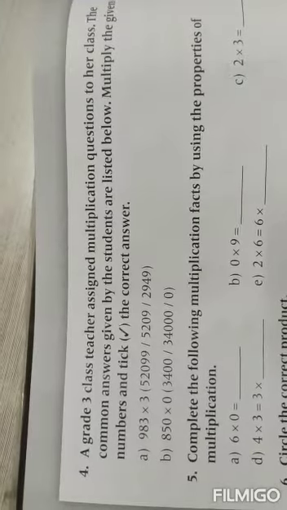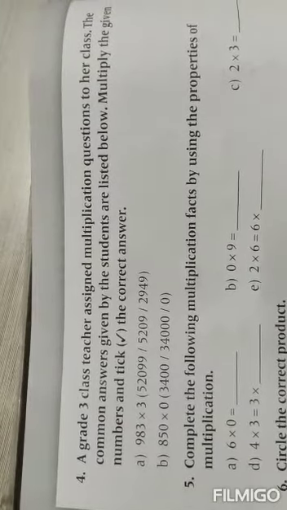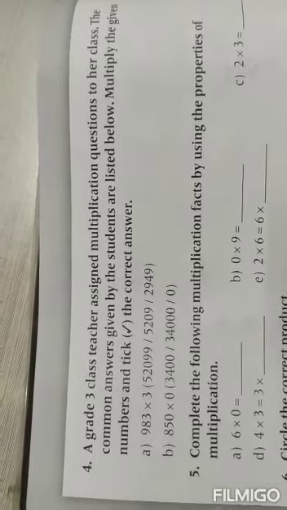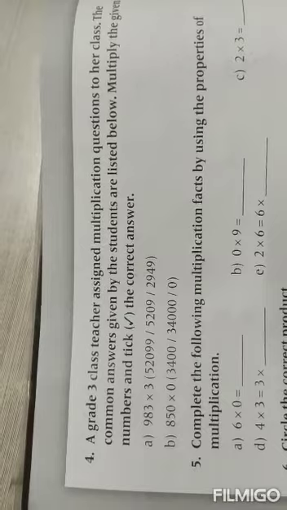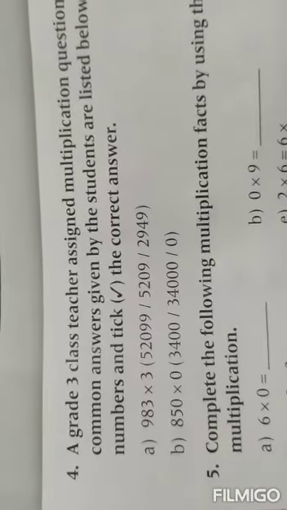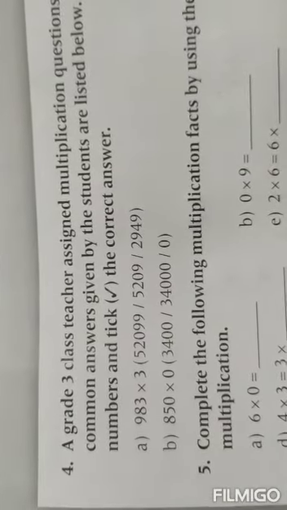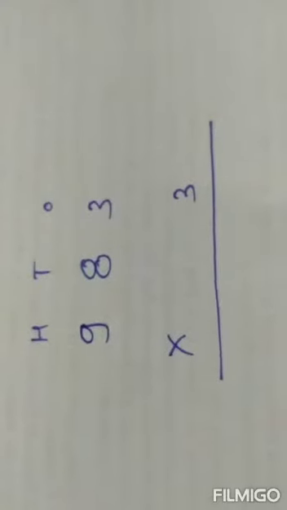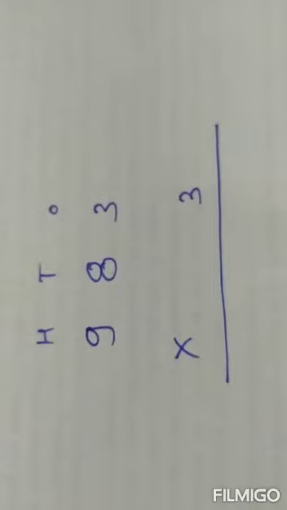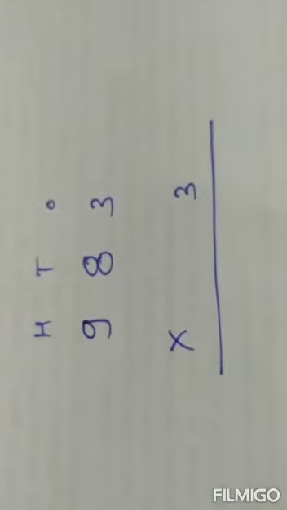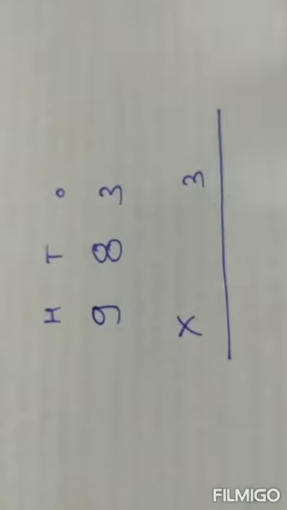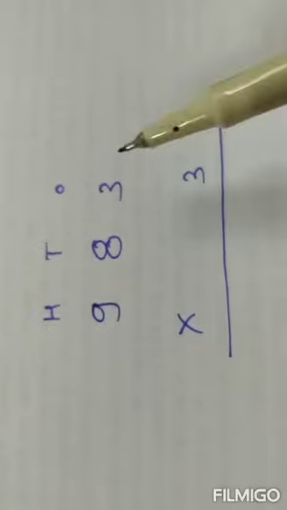In question number 4, here we have to find out the correct answer from the given option. 983 multiplied with 3. In this way, write down the sum and start doing multiplication. First step is multiply number 3 with this 3, and we know 3 3s are 9.